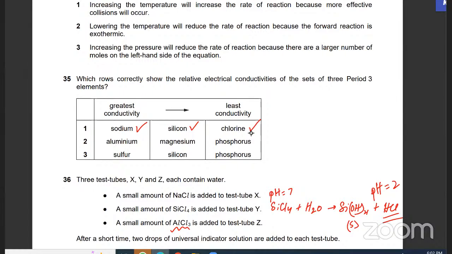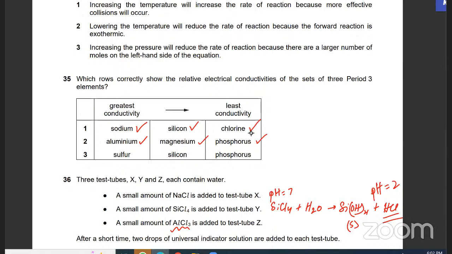What about the next one? In period 3, which one is the best electrical conductor? Aluminium, because it has a higher charge. Aluminium has a lot of delocalized electrons. Then magnesium is also a good conductor, and phosphorus will not conduct. What about the last one?